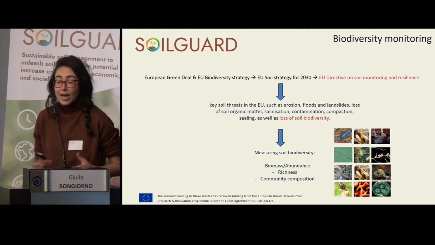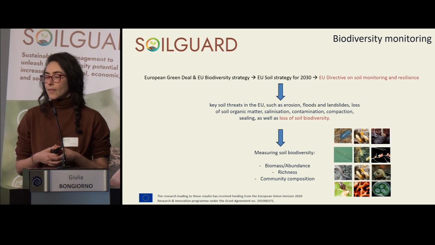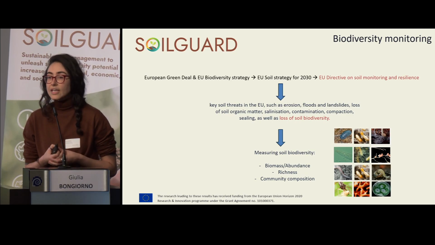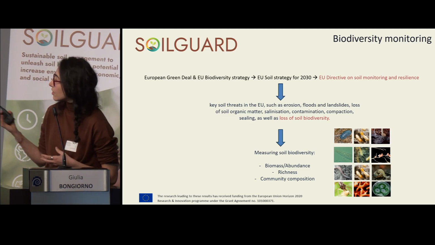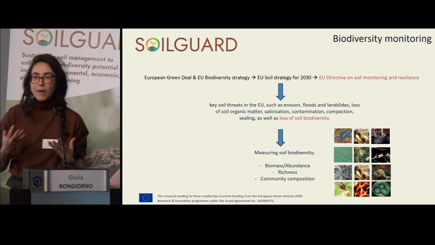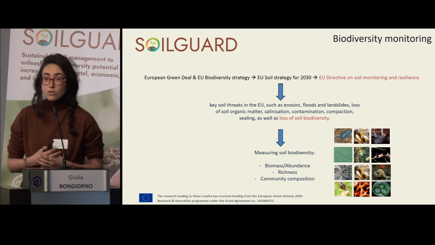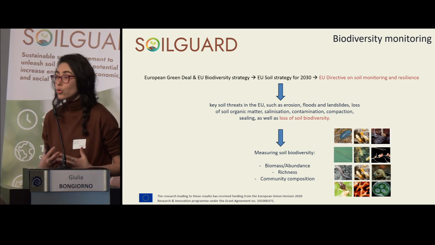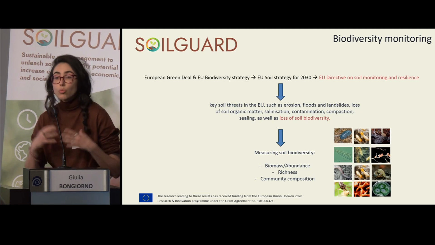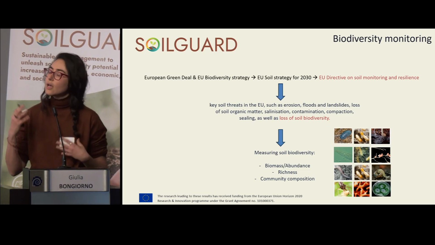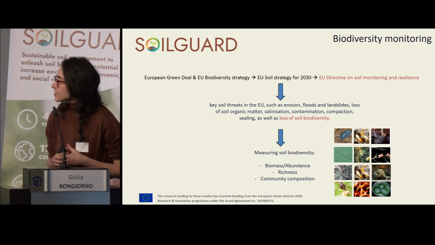So we have a huge variety of soil biota living in soils, and there are various measurements, various indicators that we usually assess when we measure soil biodiversity: mainly biomass and abundance, depending on the organism, the richness, so how many species or specific taxonomic groups of a specific soil organism are present, and another one that is also very important, the community composition. We referred to these indicators before as alpha and beta diversity, if you remember previous presentations.